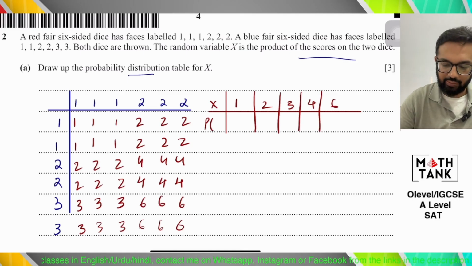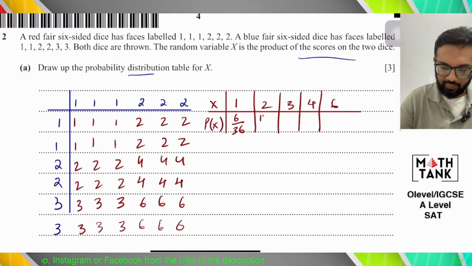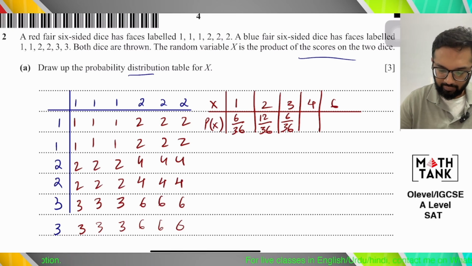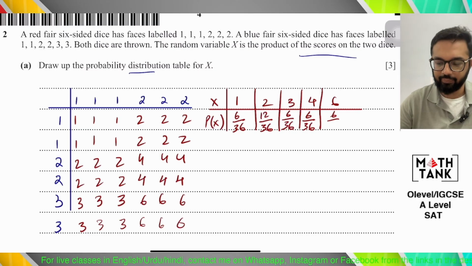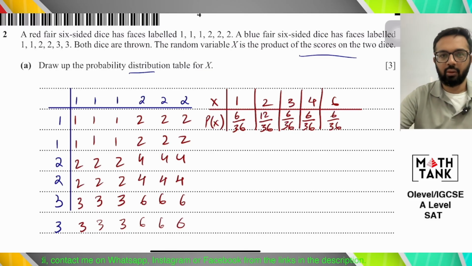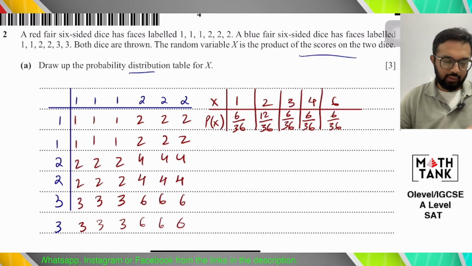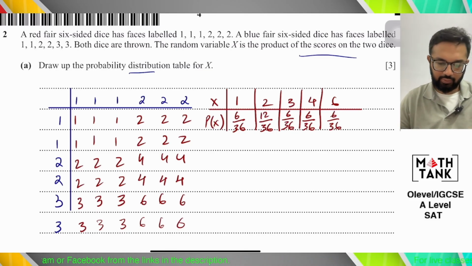How many ones? There are 6 ones, so 6 out of 36. There are 12 twos, there are 6 threes, there are 6 fours, there are 6 sixes as well. Okay, I think that's the correct answer.